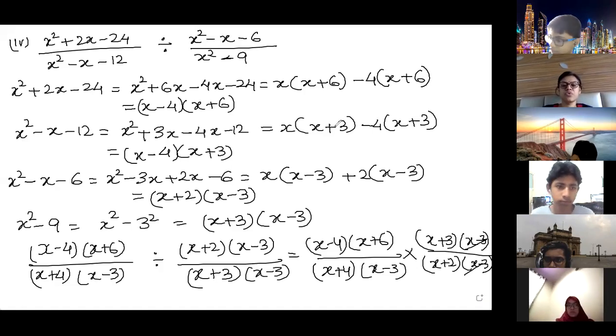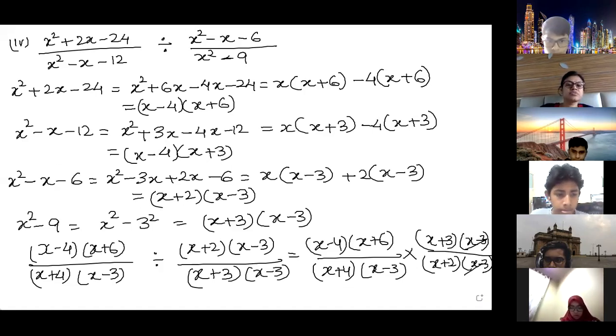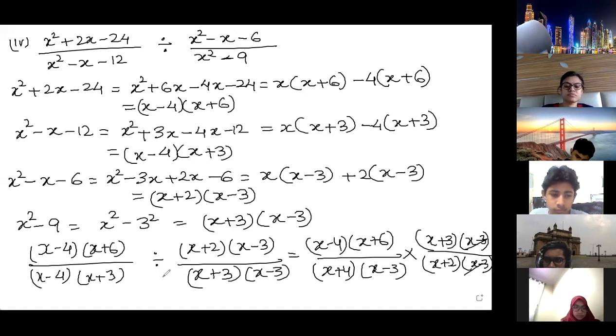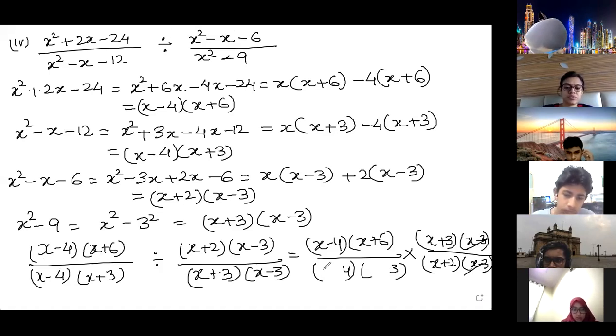x minus 4, x plus 3. So here I have written it wrongly. This is the second one. x minus 4, x plus 3.